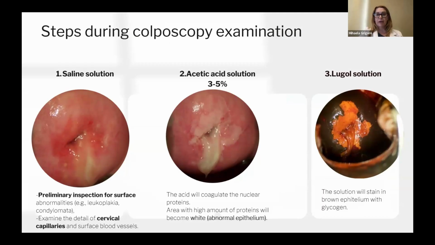Then we apply acetic acid, and the effect of acetic acid will be coagulation of the nuclear proteins. So the higher the amount of the nuclear proteins, the more intense the white color will appear. And last, we apply the Lugol solution, and the epithelium will stain brown because of the glycogen which is inside of the epithelium.